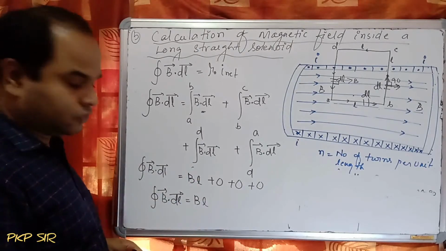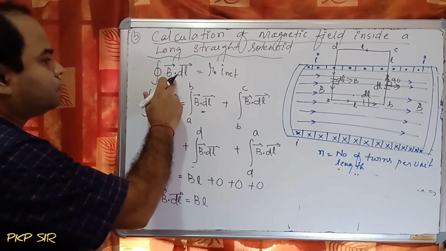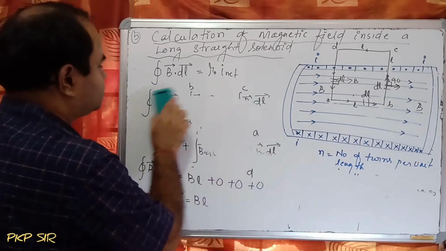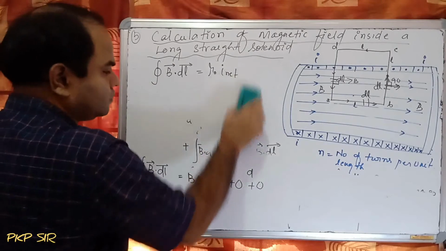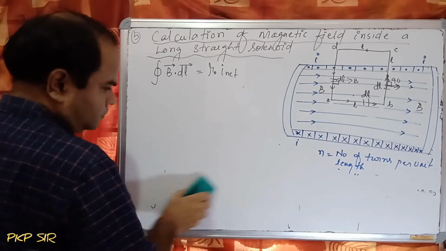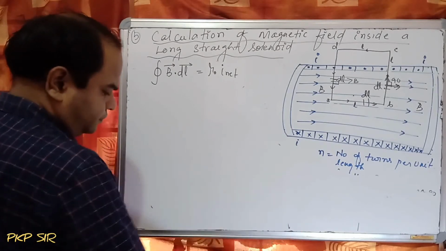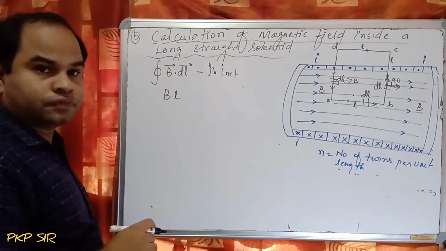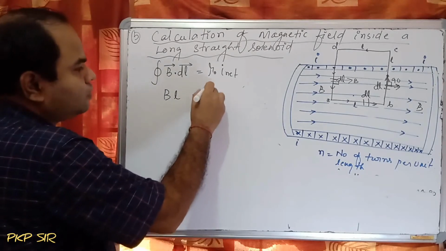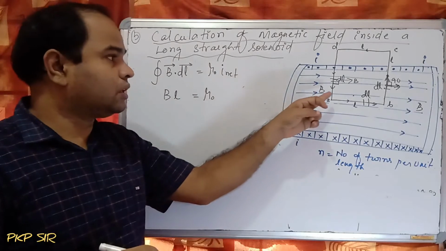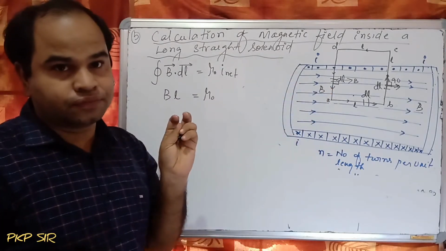Now put this value in Ampere's circuital law. So this integral of B dot dl is equal to BL, which is equal to mu naught I naught, where I naught is the total current flowing in the circuit.